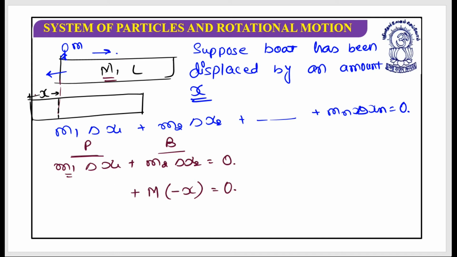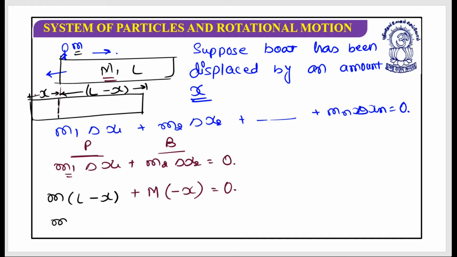So now the person needs to move by a distance of L minus x to reach the other end of this boat. Can you see this? Is it clear? So the mass of the person, it's m into bracket L minus x, as it is moving in the positive x direction, I have taken it as positive.